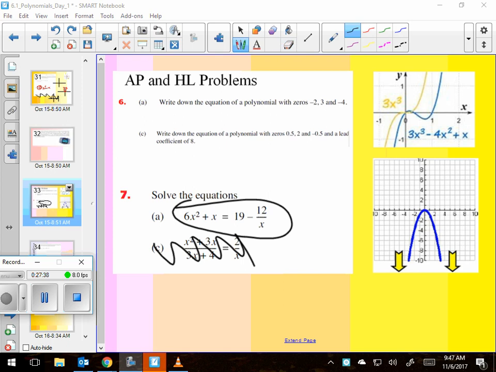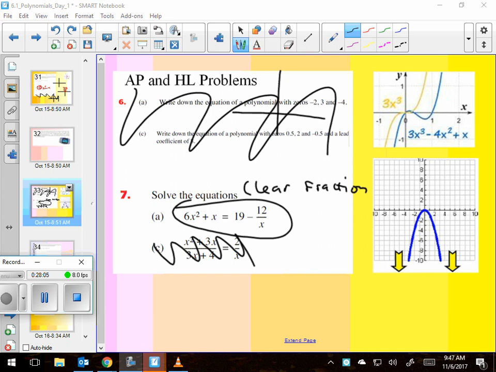On 7a, all I want you to do is clear the fraction. By now, you should remember, okay, if there's a fraction, how do I get rid of it? Clear that fraction. Okay, and then, yeah, I don't think you're ready for 6. Let's skip 6.